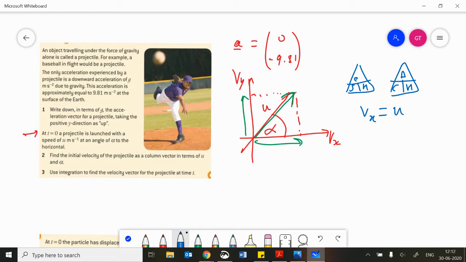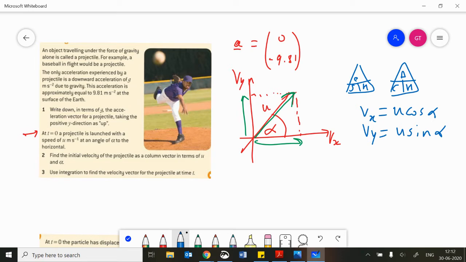H is the length of this vector, it's u, the magnitude, the speed, times cos of alpha. Likewise, if we use the sine triangle, you're going to get u sine alpha to work out the opposite length. This is the opposite length here, and also here as well. So that's the vertical component.